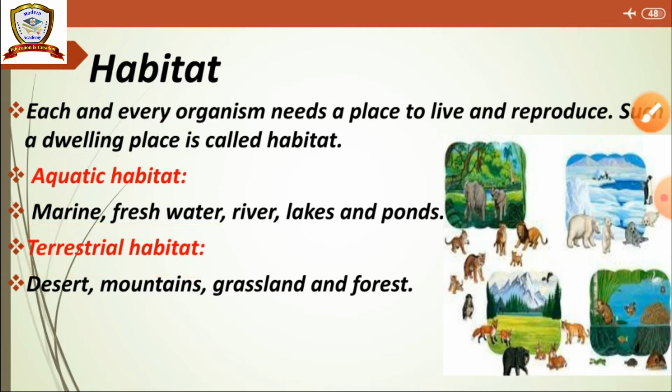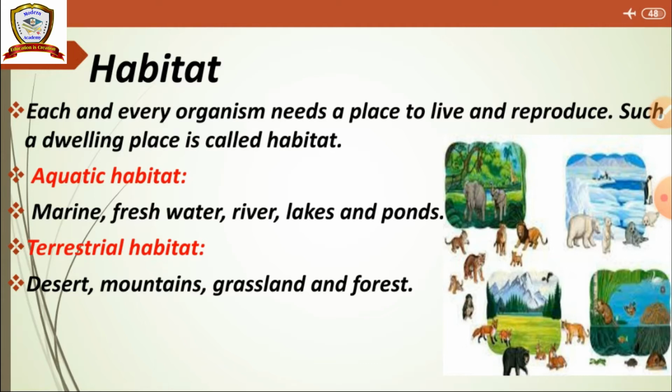We can see plants and animals on the top of a mountain and even in the depth of an ocean. Under the sea we can see some plants and animals, and on the top of the mountain too. So this is called habitat.